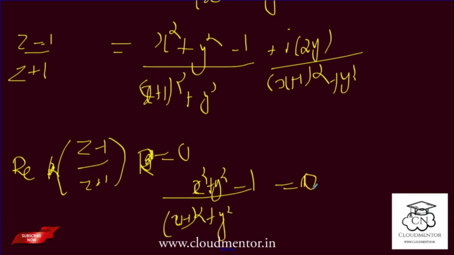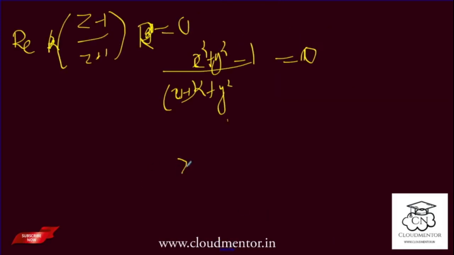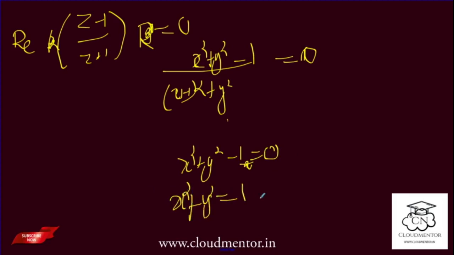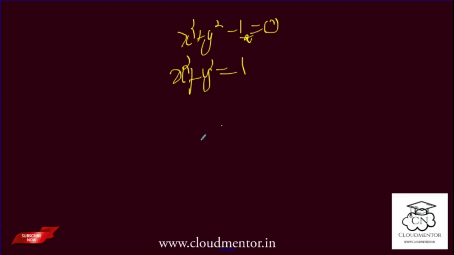Equating that with 0, from this we can write x square plus y square minus 1 equal to 0, and from this we can write x square plus y square is equal to 1. And this x square plus y square is nothing but the modulus of z square, because we said that z equal to x plus iy.